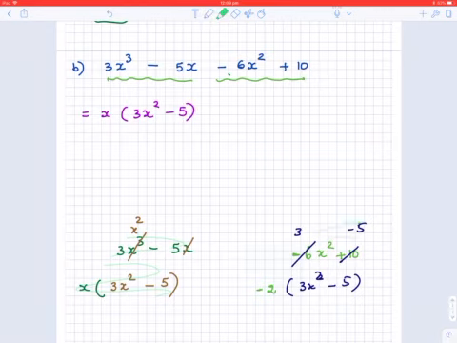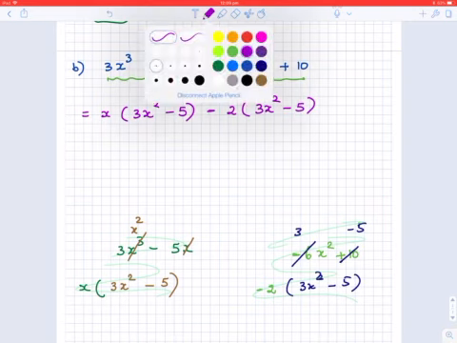And the next one, we have done that here as minus 2 bracket 3x squared minus 5.